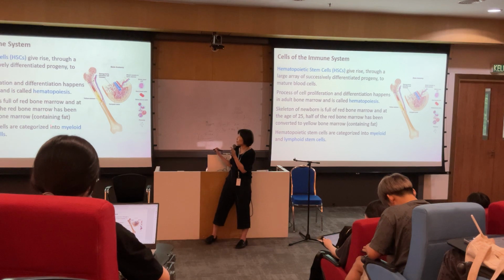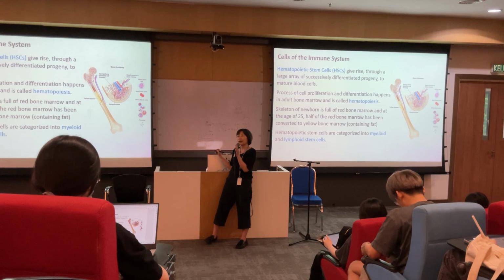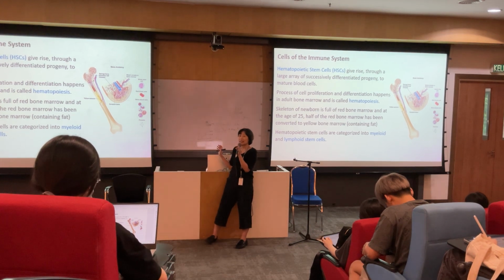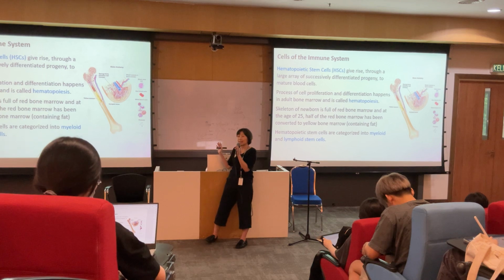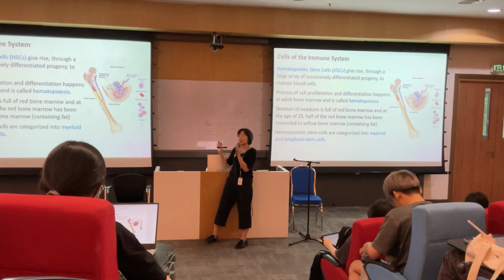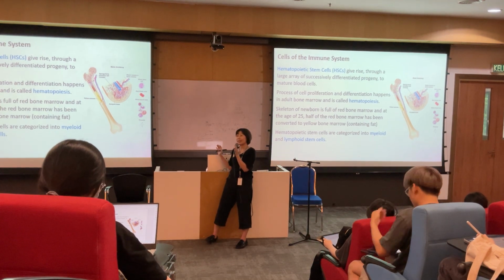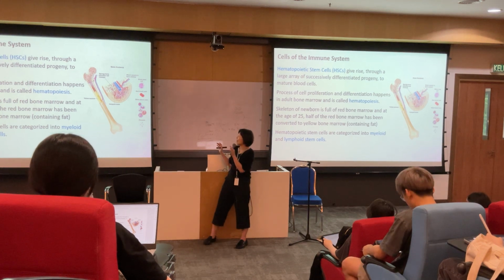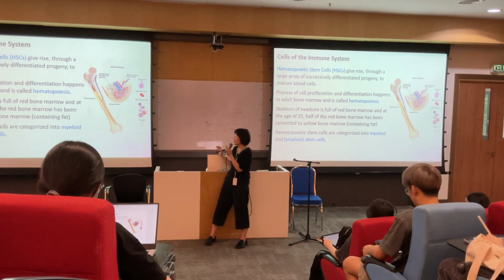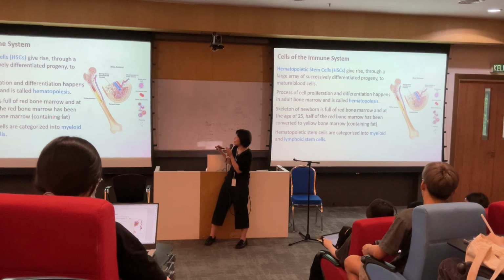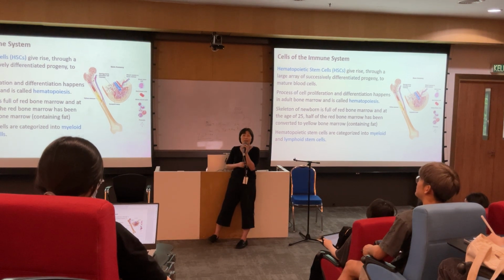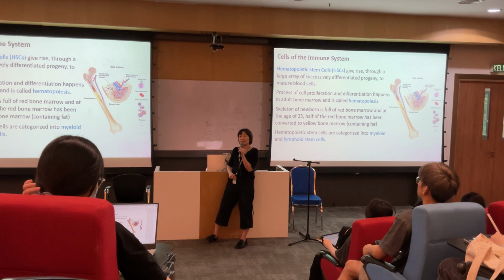Because the number of hematopoietic stem cells drops, there is a lack of enough immune cells, especially natural killer cells circulating in our blood vessels to detect any cancer cells, right? And to effectively destroy the cancerous cells. That's the reason that elderly people start to easily get cancer.